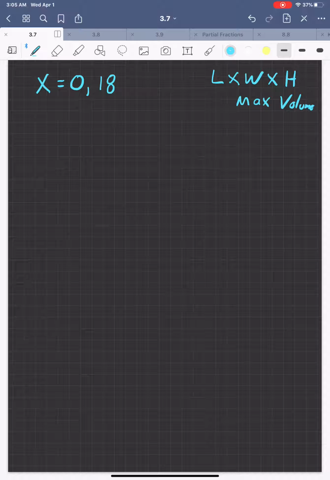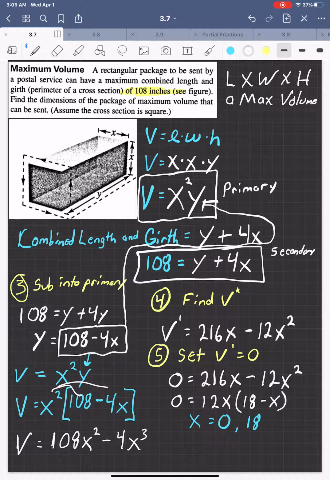In this case, I'm going to have to go back to the previous page and grab any formulas that I need. Let me grab that volume formula for right now.